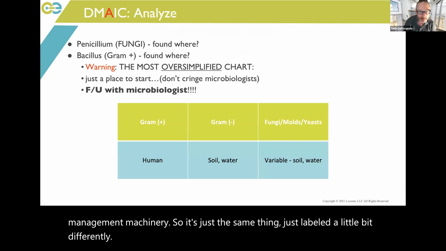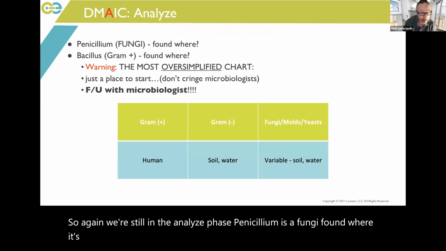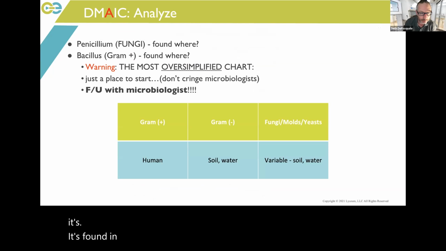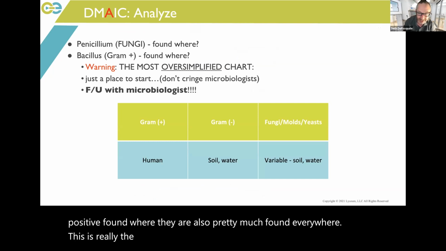So again, we're still in the analyze phase. Penicillium is a fungi found where, you know, it's found in a lot of different places. It's very prevalent. Bacillus gram-positive, found where, they're also pretty much found everywhere. This is really the most oversimplified chart that I could make.